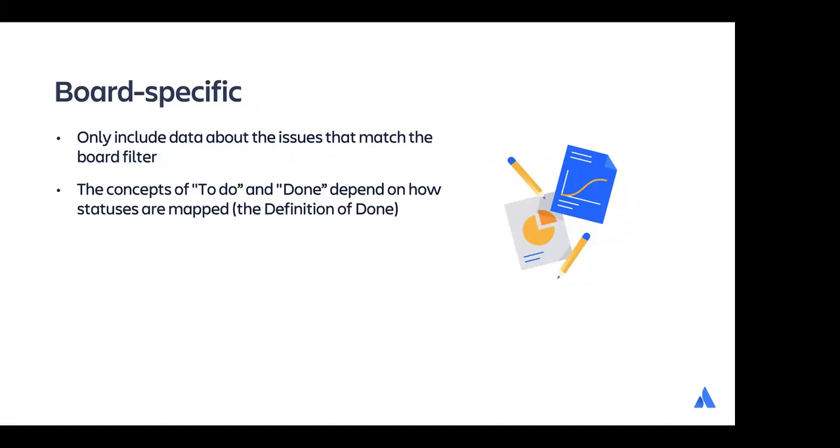Also, the concepts of what's to do and what's done depend on how the columns and the statuses are mapped to those columns. Especially that's true of the definition of done, which is that last column on the board. And Scrum reports rely on a consistent use of the same estimation statistic, which is usually story points, to be valuable.